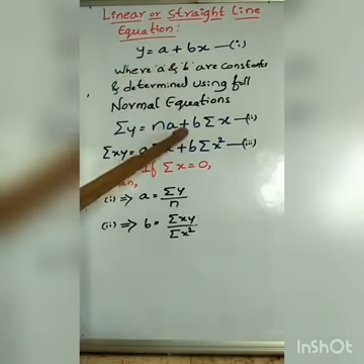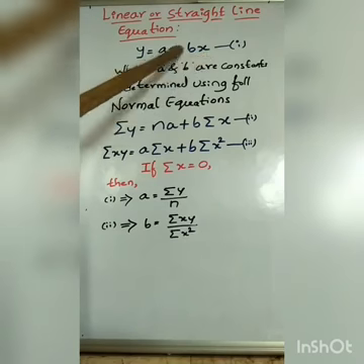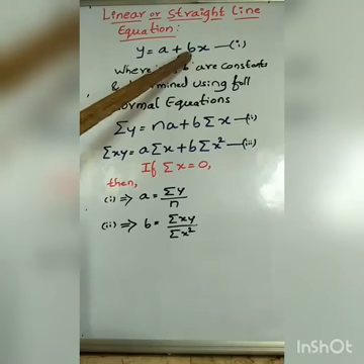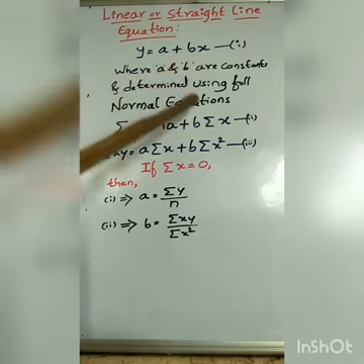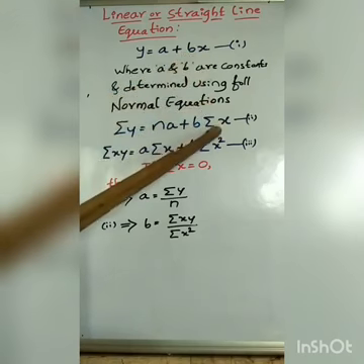Then plus as it is, b as the constant. See here, bx is the combination of both constant and a variable. So whichever the constant is there, that will come out of the summation, and whichever is variable, that will remain under summation. So here b is a constant, so I'll be taking b outside and summation of x as it is.